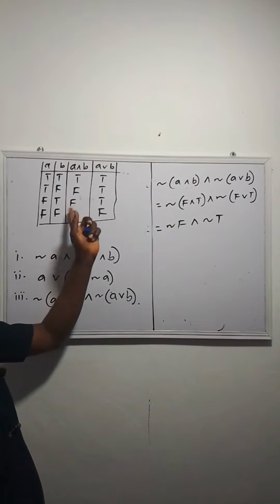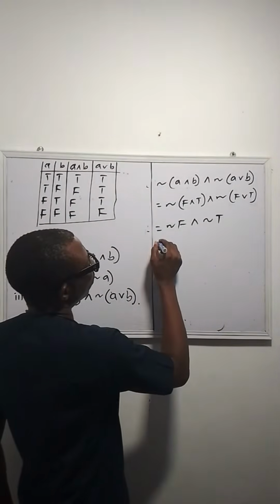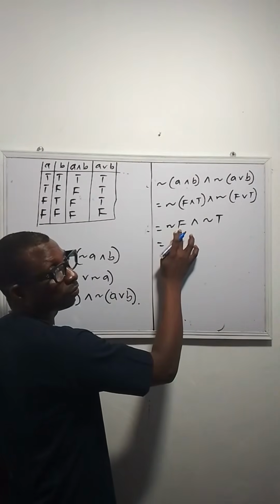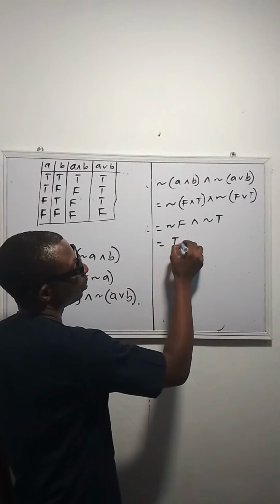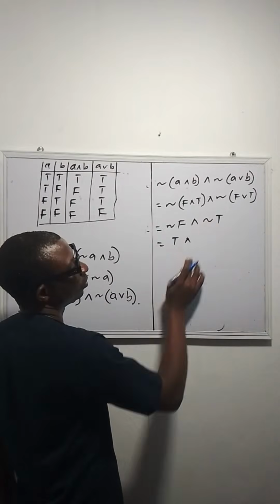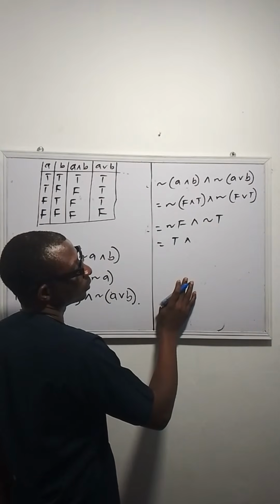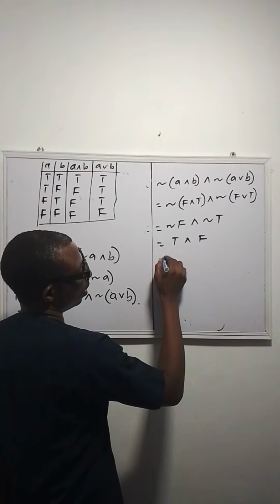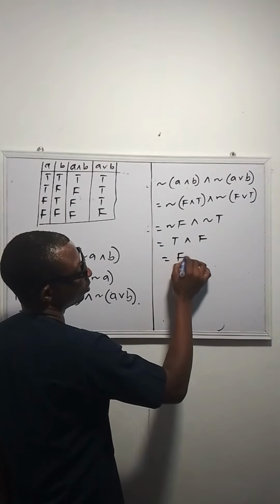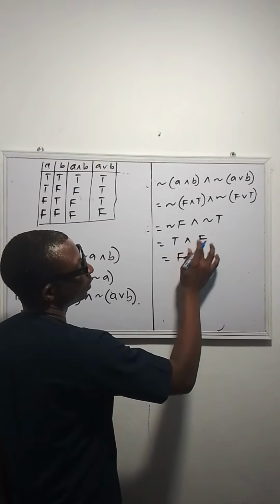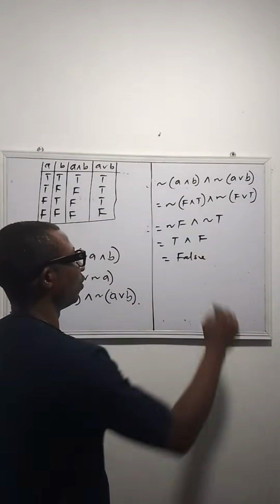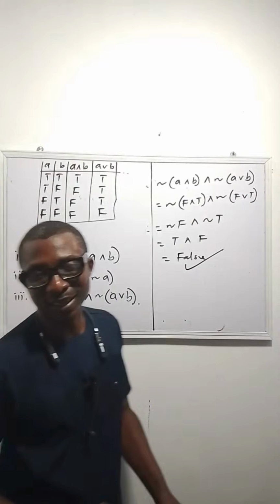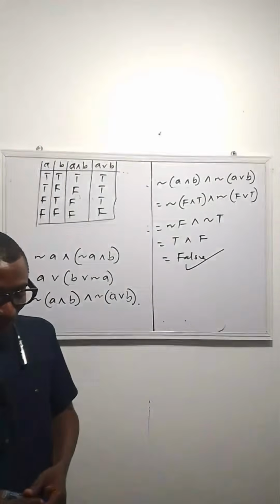So now we have negation of false, which is true. And negation of true is false. Okay, so our final answer now is going to be false, because true and false is going to give us false. So this is the answer to the problem.